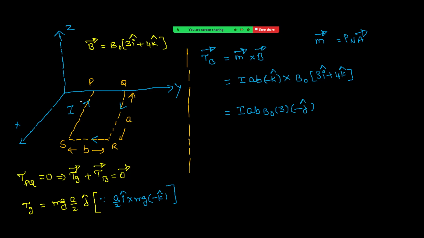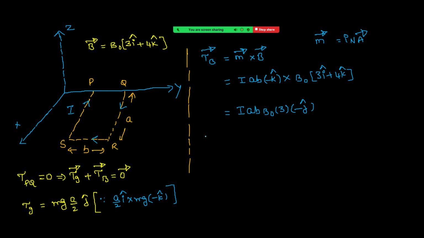Next, see what we have to calculate. The loop is now released and found to stay in horizontal position in equilibrium. So here, what is the direction of current I in PQ? We got it from P to Q. Second, find the magnetic force on the arm RS.